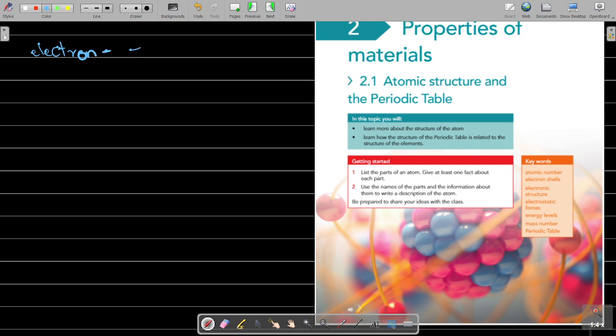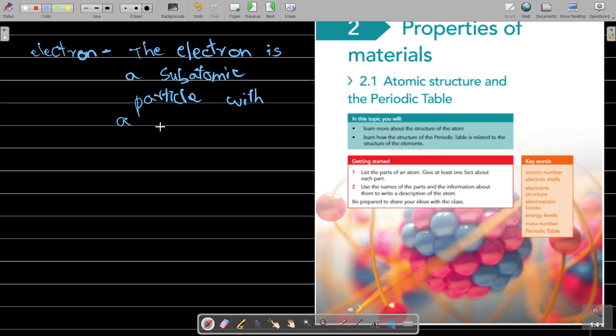The electron is a subatomic particle with a negative charge.